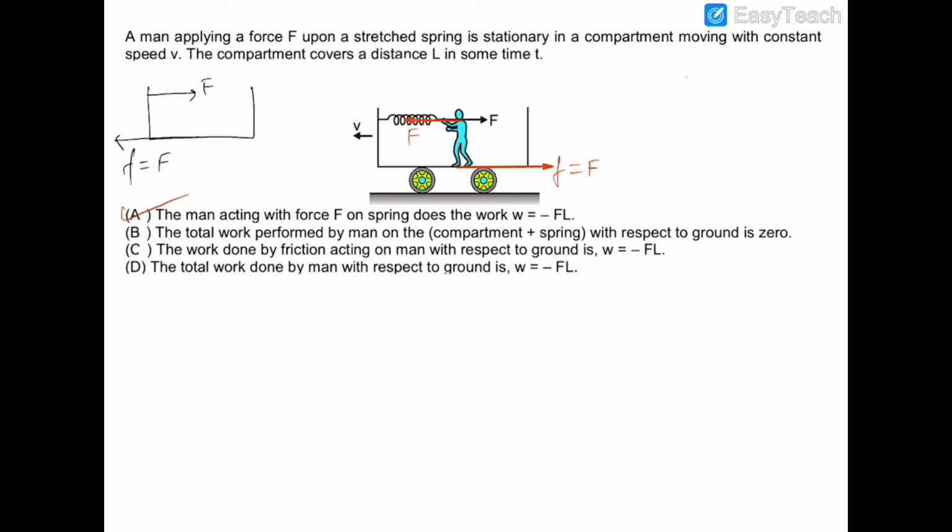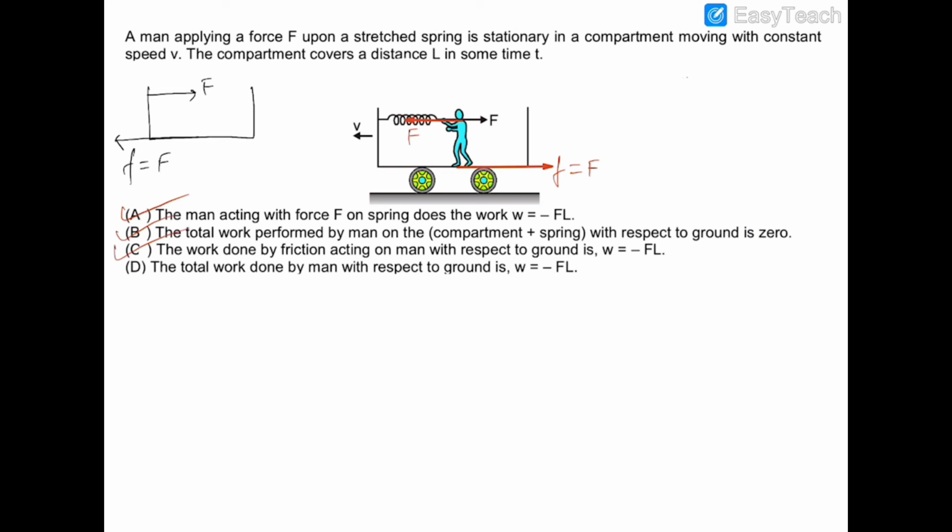So the total work done will be 0. So option B will also be correct. Work done by the friction acting on the man with respect to the ground is minus F into L. Friction is acting on this man in the reverse direction, and the man is going in the forward direction, and the distance covered by the man in time t will be L. So option C is also correct.